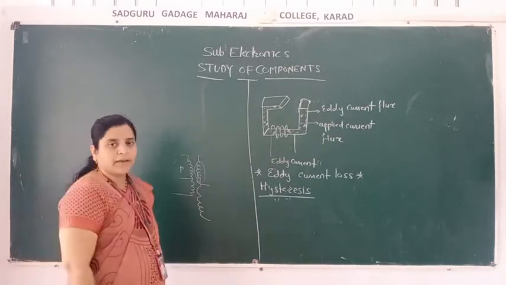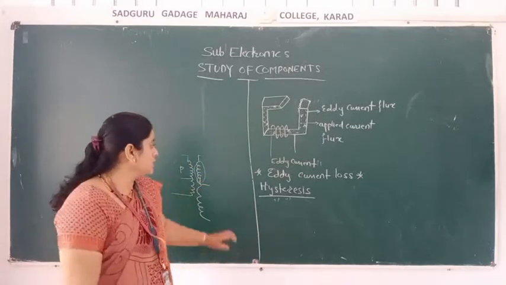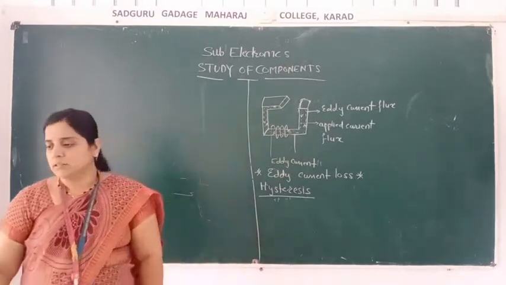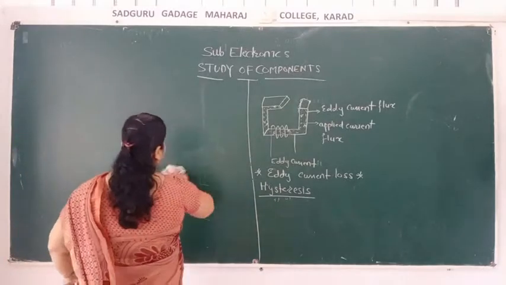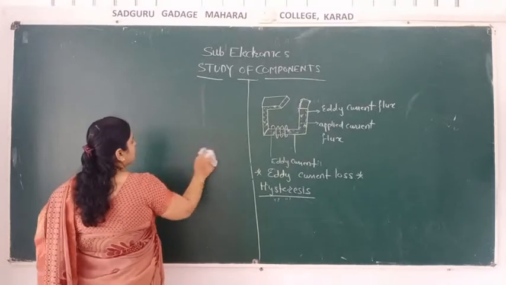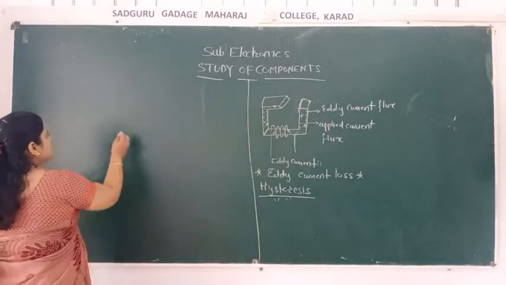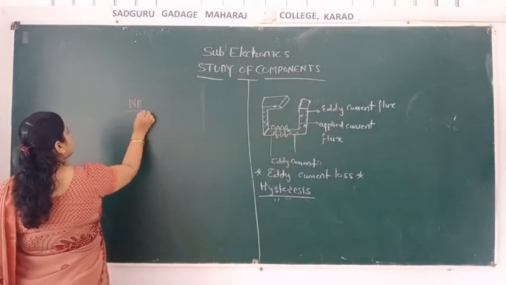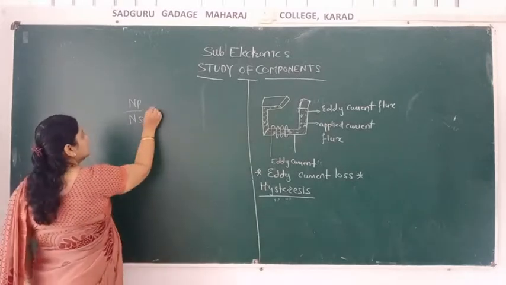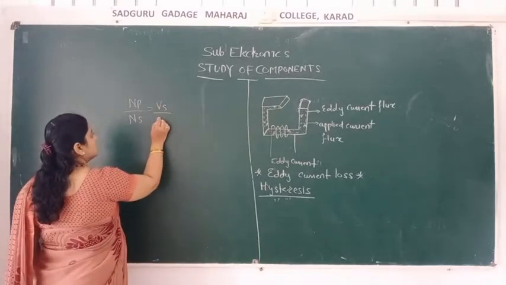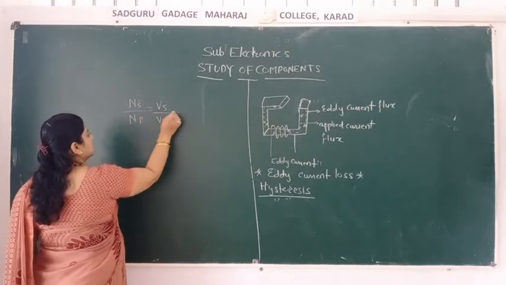All these concepts you have cleared in the previous lecture. Okay. What we have seen next is its current ratio, voltage ratio. The number of turns of the primary over the number of turns of the secondary is equal to the voltage of the primary over the voltage of the secondary, isn't it?